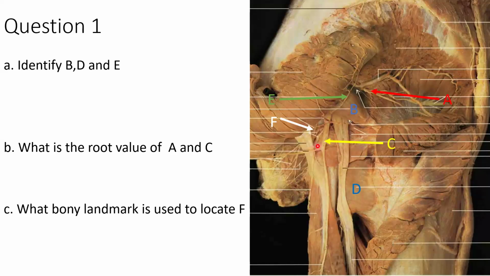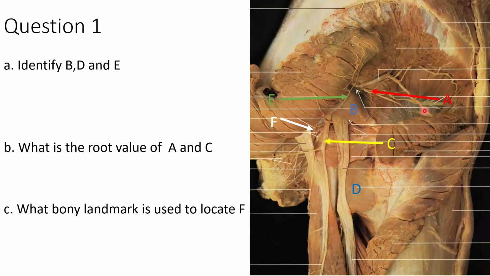So that's the posterior femorocutaneous nerve, and A over here, imagine through the suprapiriformic compartment, that's your superior gluteal nerve, and you can see it's running in that intermuscular plane between gluteus minimus and gluteus medius.